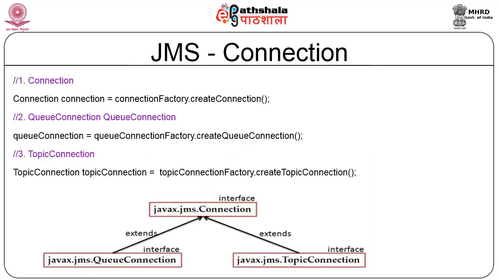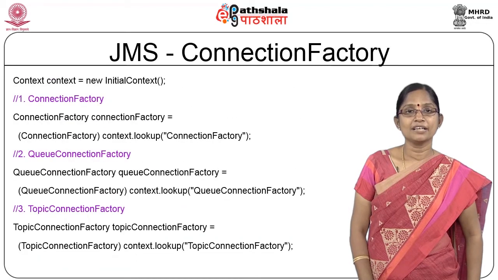Now, we can go through the code for it. Again, you can see that the interface is called javax.jms.Connection. This has been extended by two interfaces, QueueConnection as well as TopicConnection. Based on the usage of queue or topic, we can choose any one of the connections here. The connection is created using the handle of the connection factory from the previous slide.